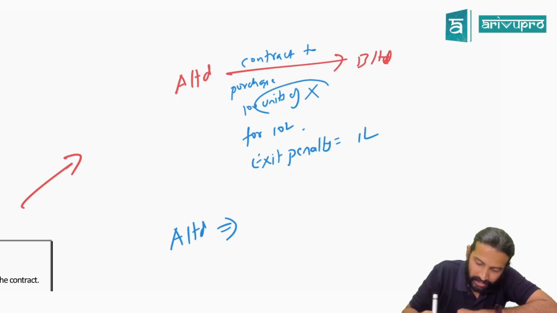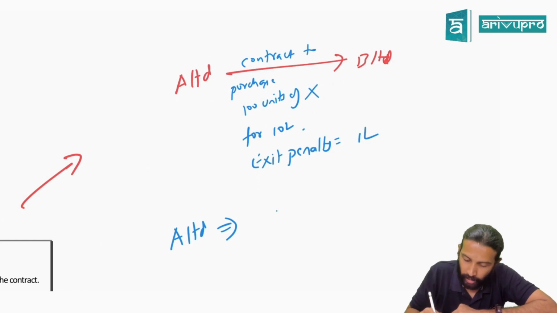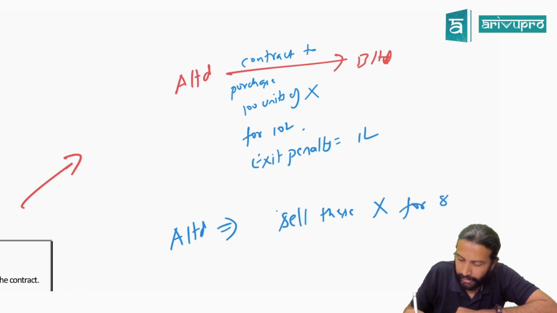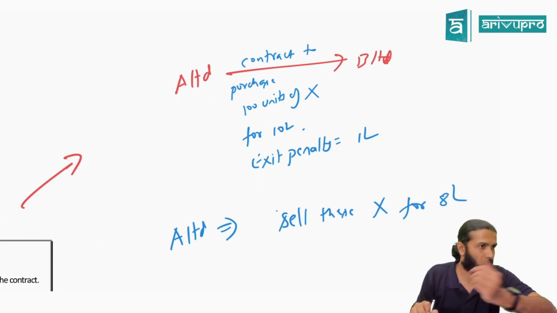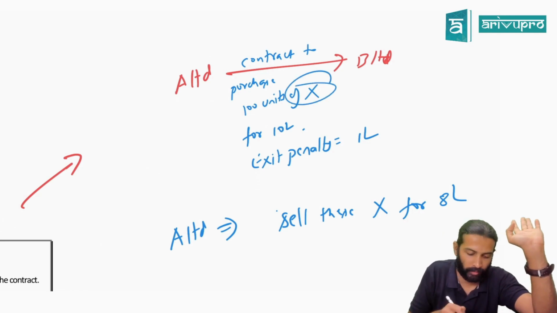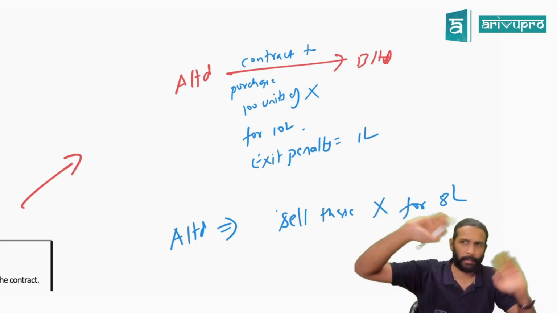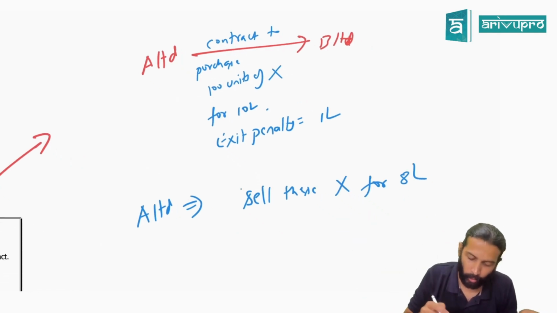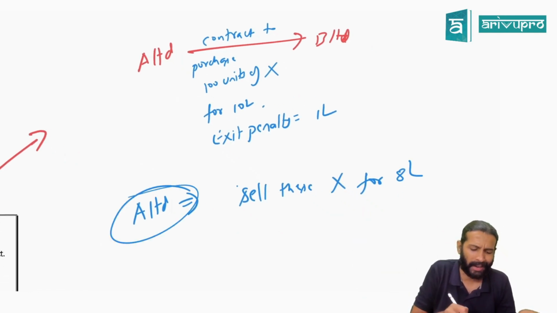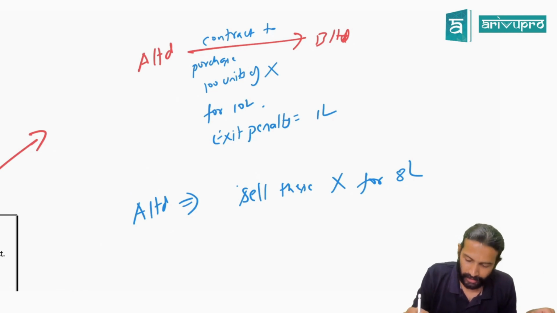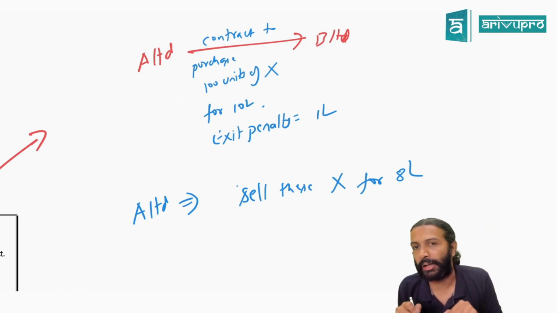Now if I buy these 100 units of product X, I can only sell them for only 8 lakh rupees, if I go ahead with the contract, because you will receive the product after 5 months, and in between the lockdown and Corona happened. Now A Limited feels this was a very bad deal. Why? They can sell this product only for how much value? 8 lakh.